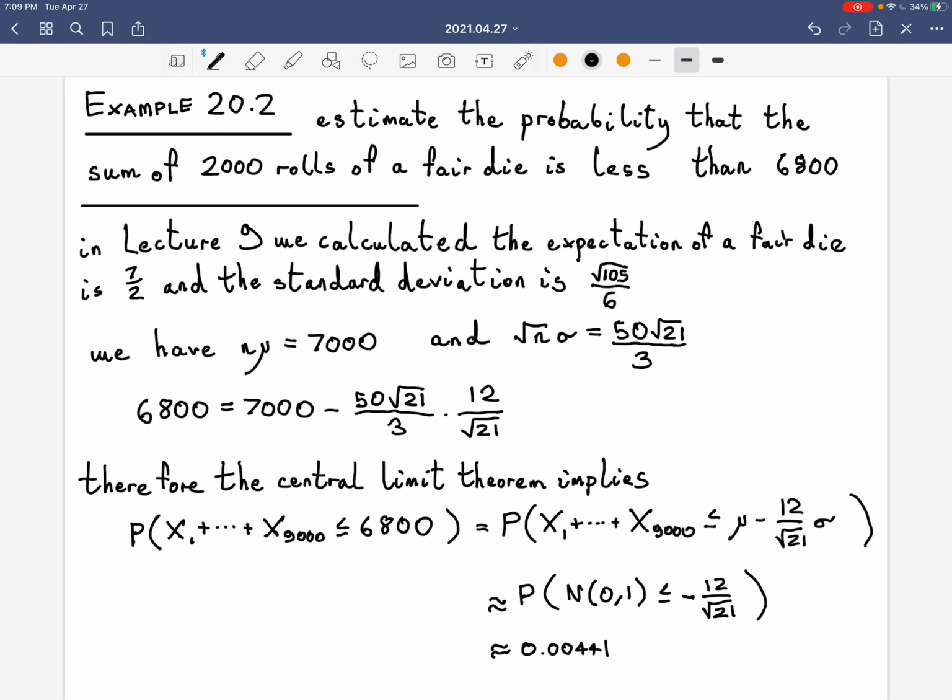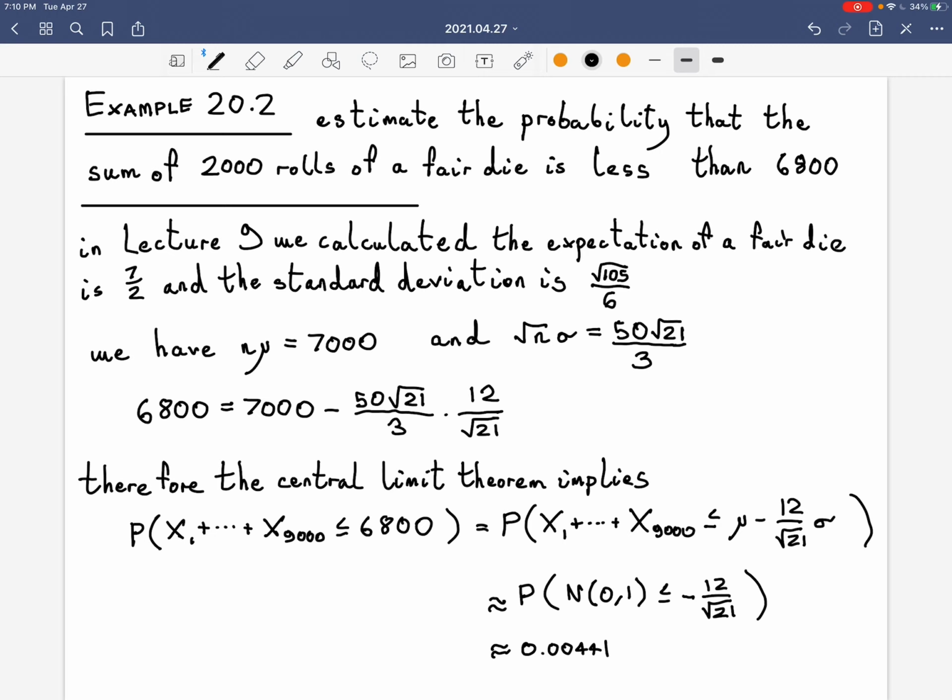So you can see how it's not at all intuitively obvious that scoring 6,800 from 2,000 rolls of a fair die is such an unlikely thing. I mean, if you're thinking of a fair die as something that comes out to be roughly 3 or 4, well, 6,800 is not that bad approximation to 2,000 times roughly 3 or 4.